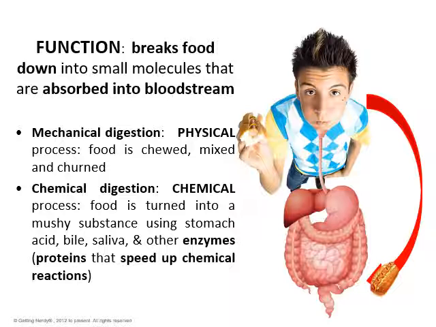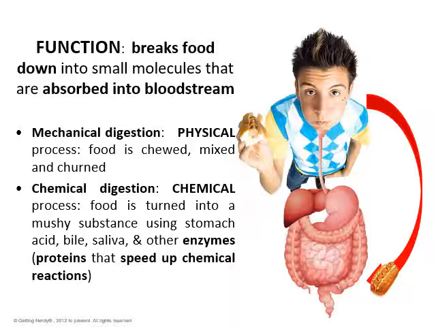There are 2 types of digestion. The first one is known as mechanical digestion. Mechanical digestion is a physical process. Mechanical digestion occurs when your food is chewed, mixed, and churned.